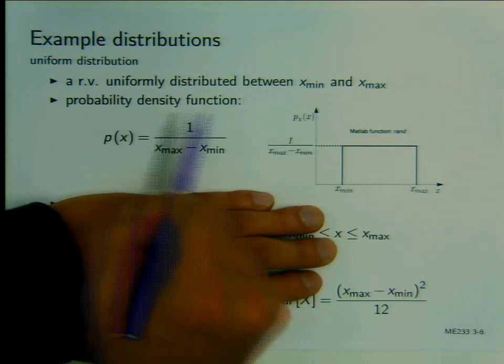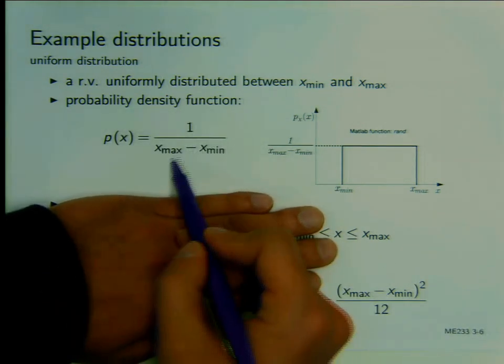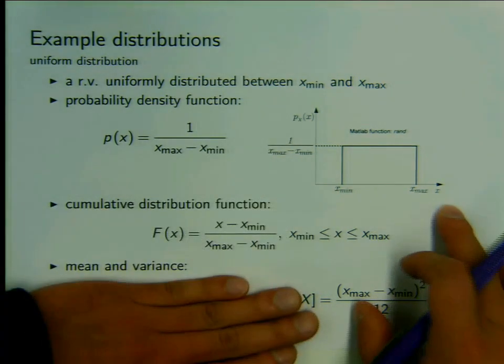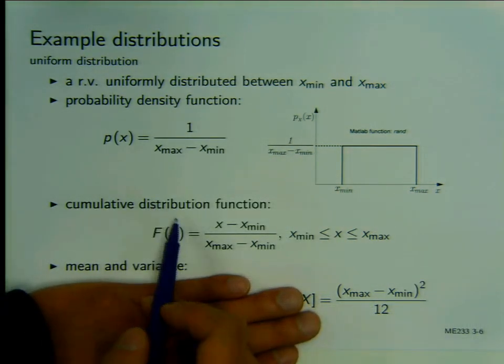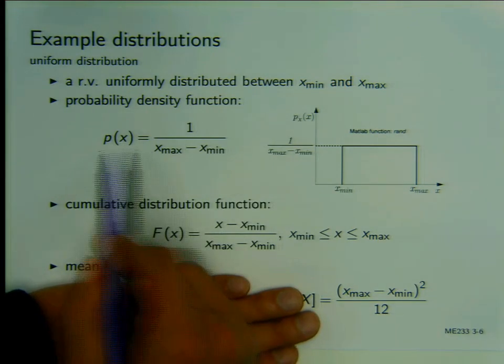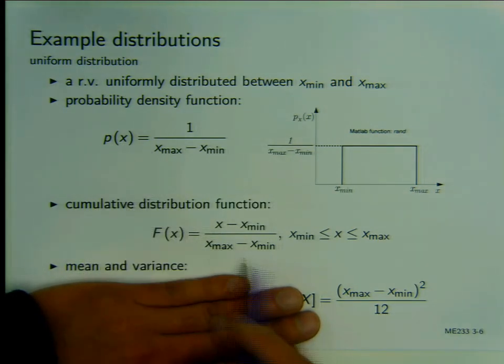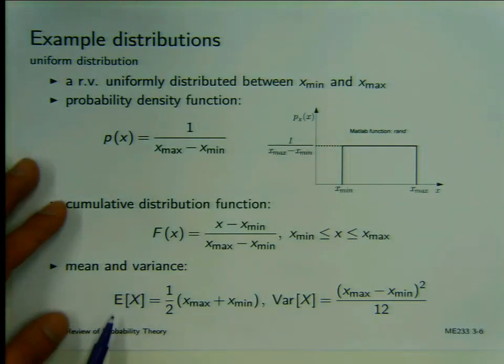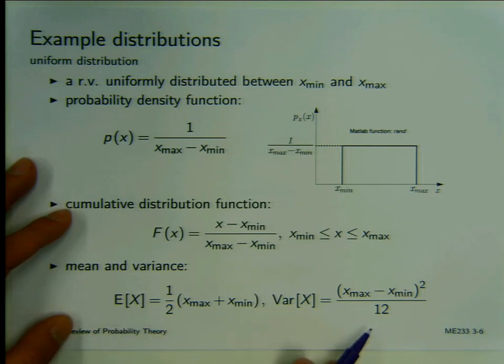With the probability density function of 1 divided by x max minus x min, okay? And the cumulative distribution function you can obtain from the integral of this one. I want to do a quick check of this final result here, and I want to tell you that these are very intuitive results. The first one is very intuitive.